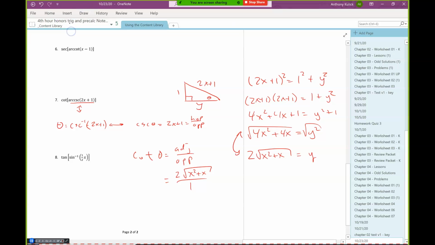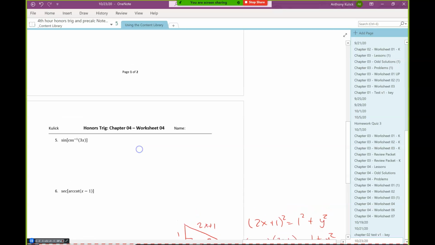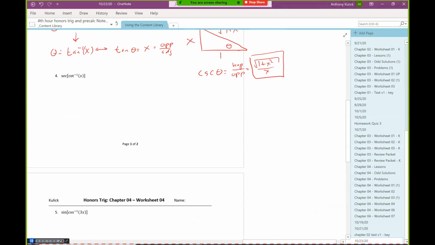All right, so cotangent inverse of x. This is equivalent to cotangent theta is equal to x. And cotangent is adjacent over opposite. So there's my right triangle. The adjacent side is x. The opposite side is 1.